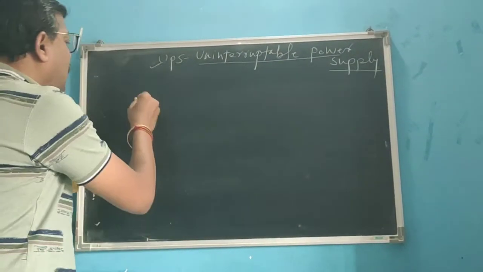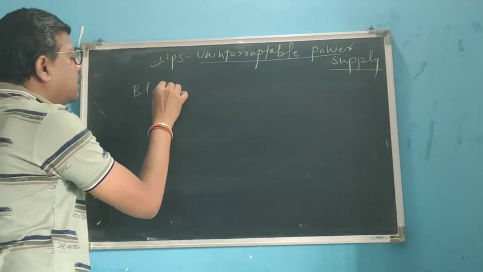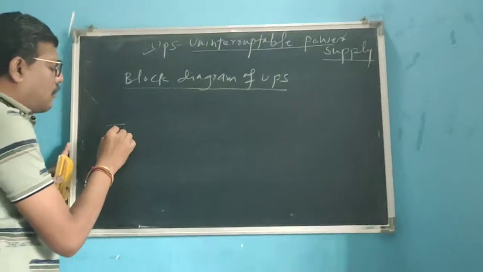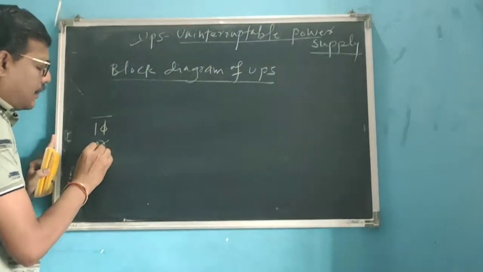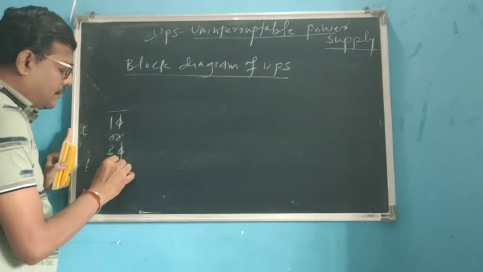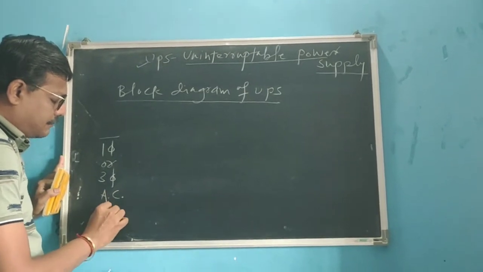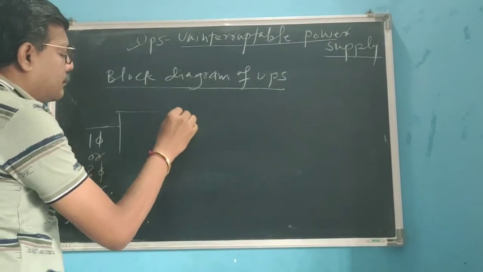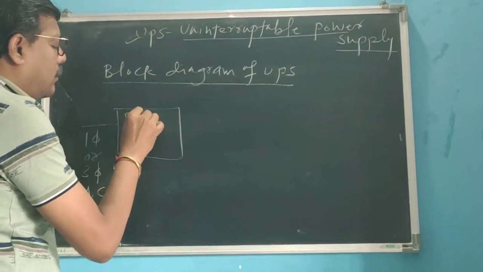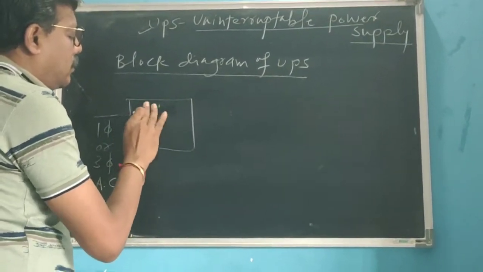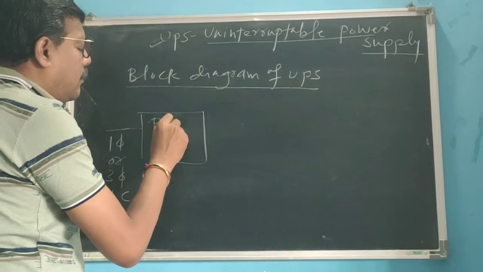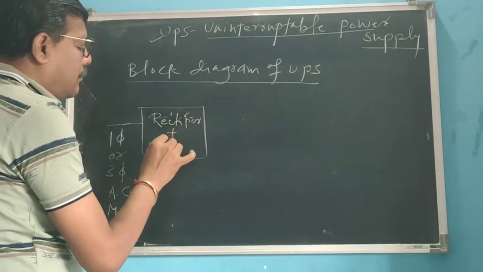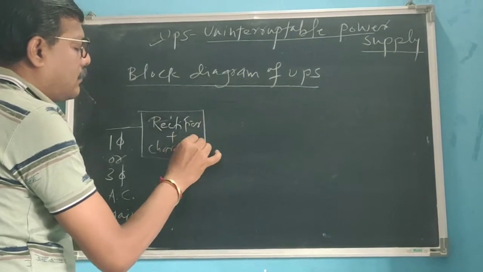So let us see the block diagram of UPS. This is your one phase or three phase AC mains. This is the rectifier plus battery charger.